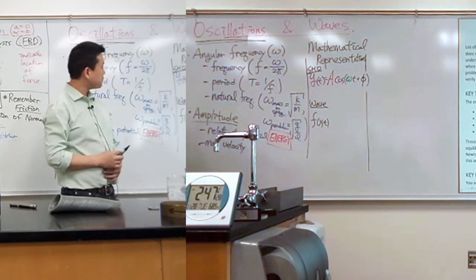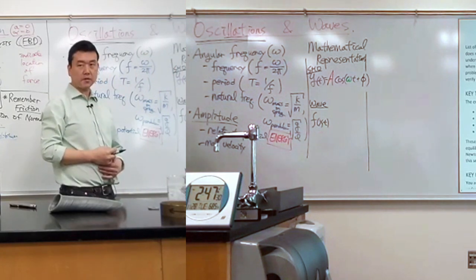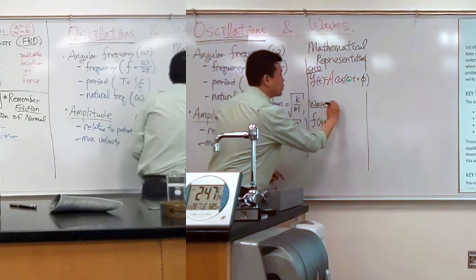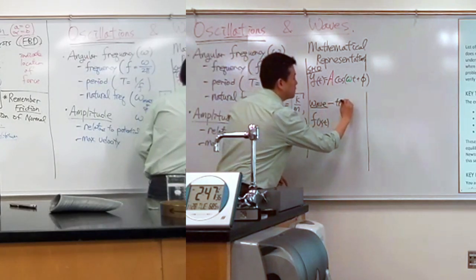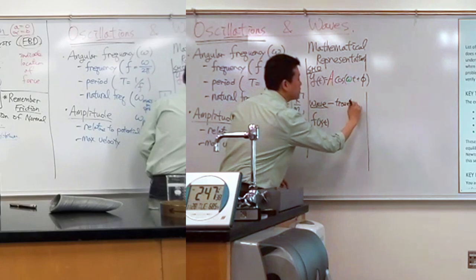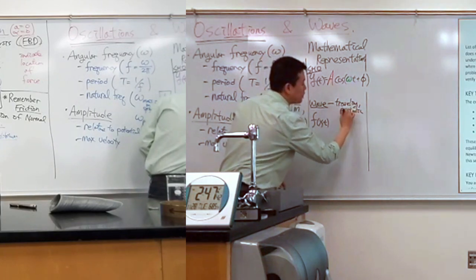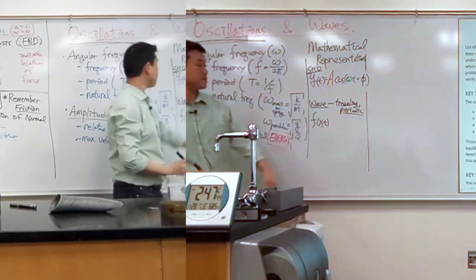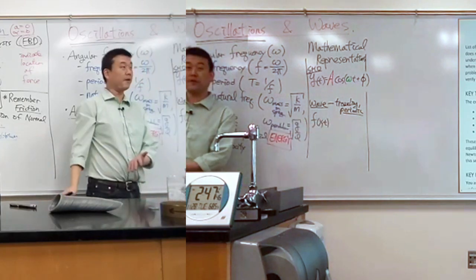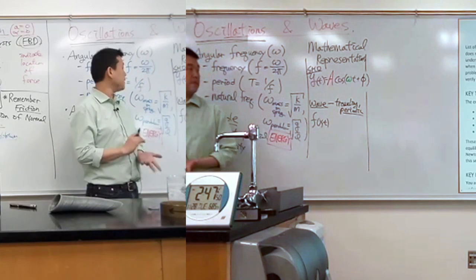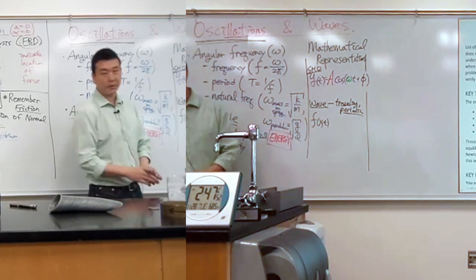For the mathematical representation, at least to start, I want you to focus on the traveling periodic waves. Because with the traveling periodic waves, I can put it in a very particular standard form where you should know the meaning of each of these colored parts.